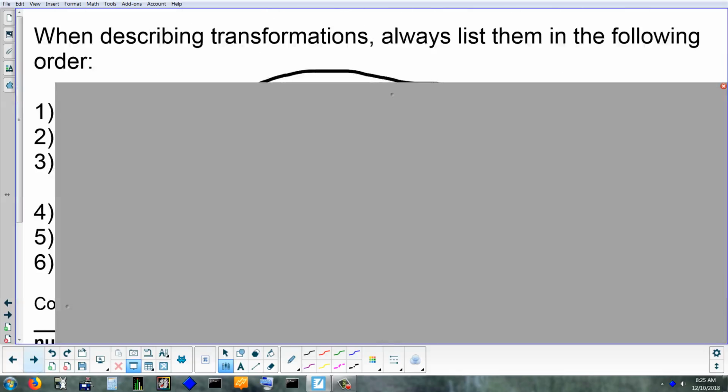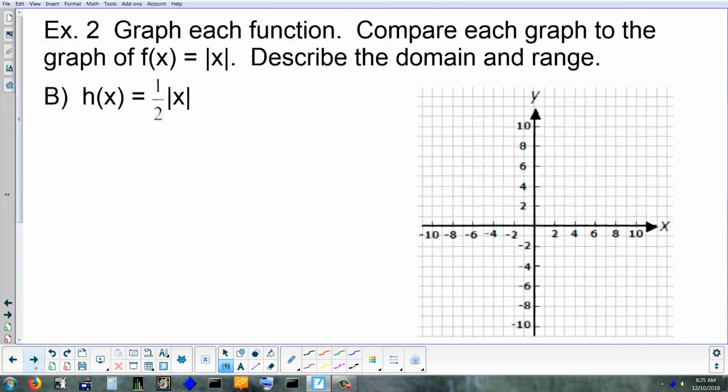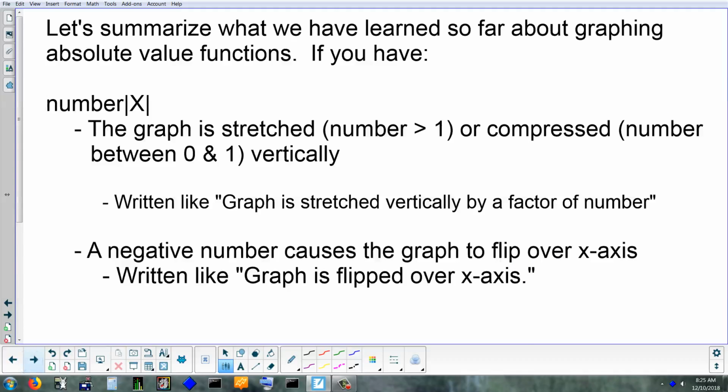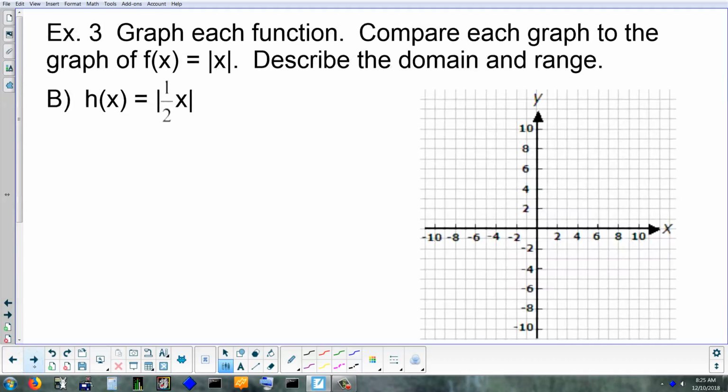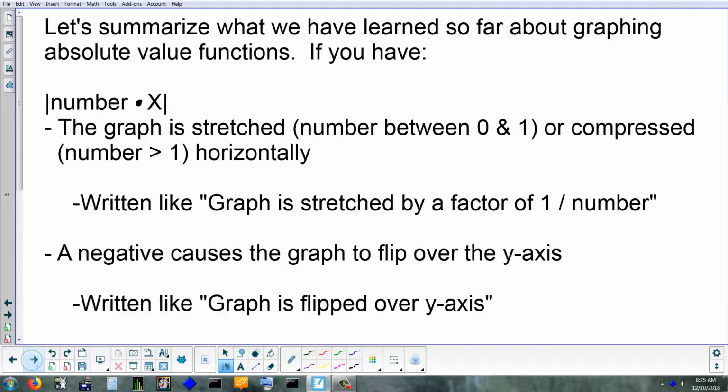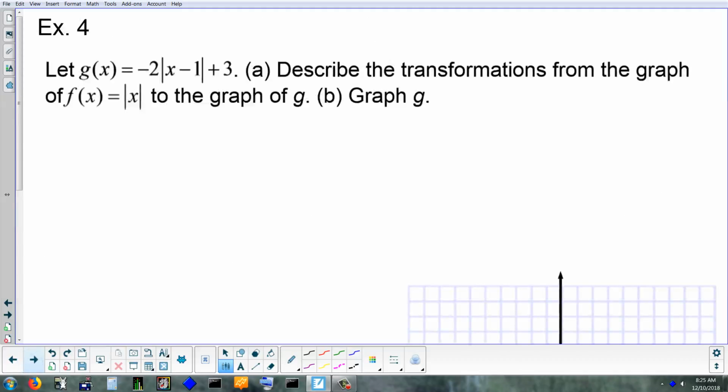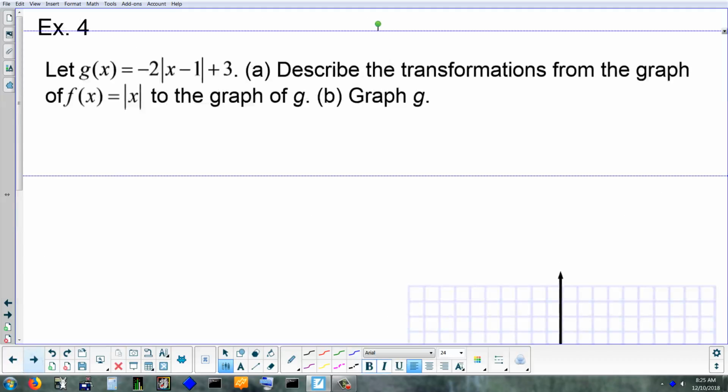So when we describe transformations, if you have a problem like this, there's a few different things happening there. The 2 is going to do something, the negative is going to do something, the -1 and the +3. We can't just name them randomly and say, oh, it does this, it does that.